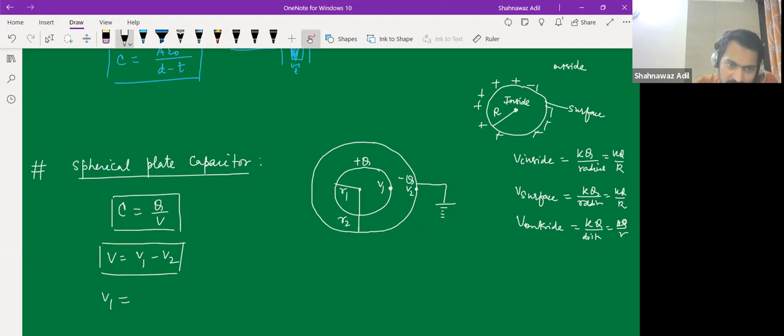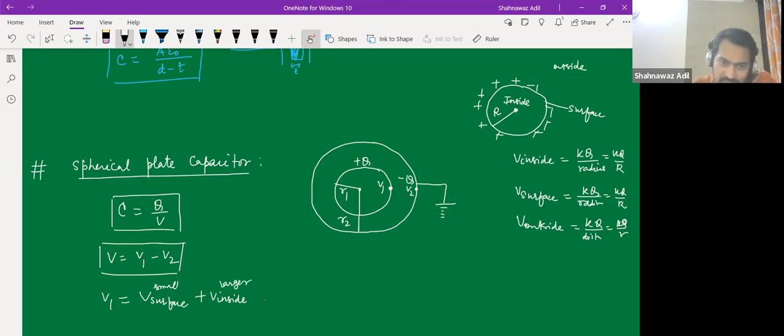So V1 would be the V of the surface of the small sphere, and what about the second bigger sphere? What is this point for the bigger sphere? Inside, right? Yes, inside, and this one is larger.